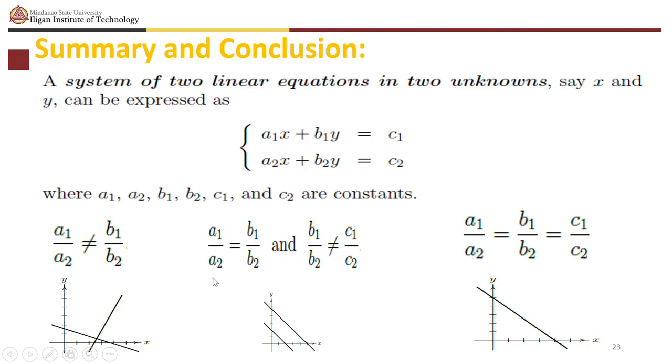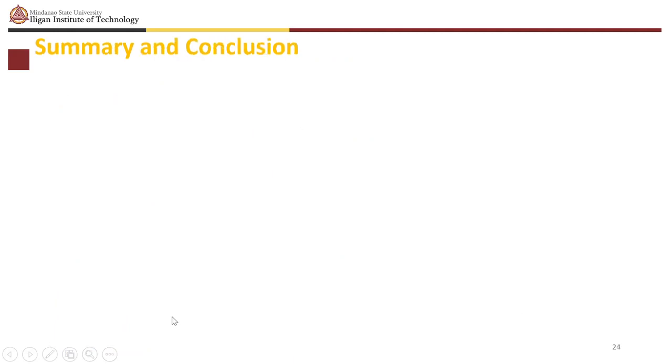If a sub 1 over a sub 2 is equal to b sub 1 over b sub 2, and b sub 1 over b sub 2 is not equal to c sub 1 over c sub 2, we have two parallel lines. You can also use this to determine whether the system is inconsistent and has no solution, has infinitely many solutions, or has a unique solution.